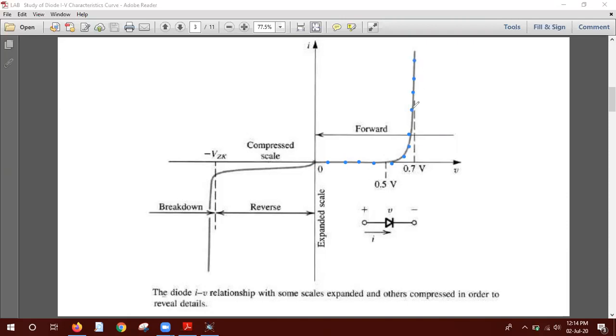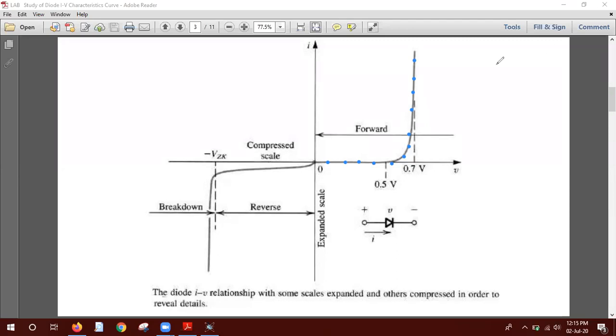So we'll see that when we give the voltage and measure the voltage across it, after that we get more current.